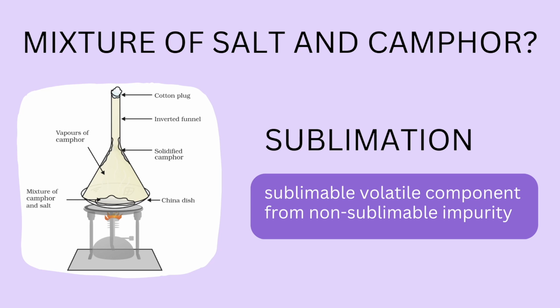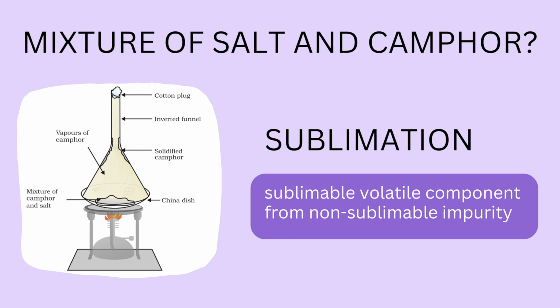And since camphor cannot escape because we have used the cotton plug to seal the opening, camphor has to cool down with the surroundings of the funnel. And after this process, you can just scrape away the solidified camphor from the walls of the funnel. So this is the sublimation process that we can use to separate camphor from salt.